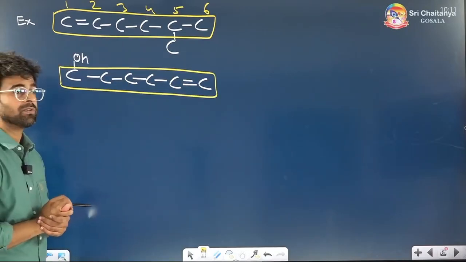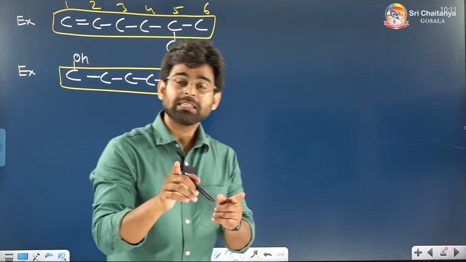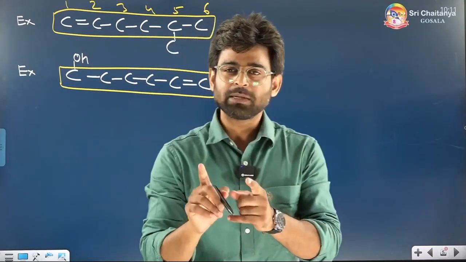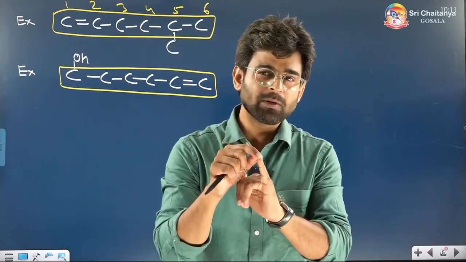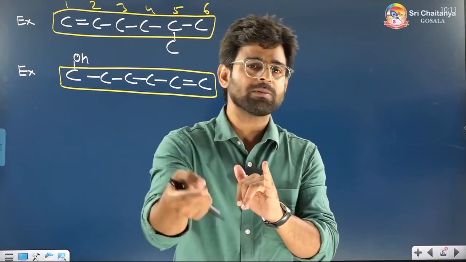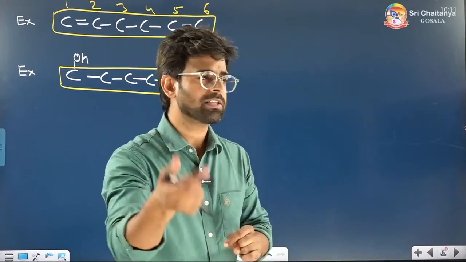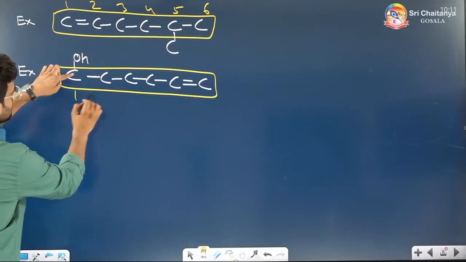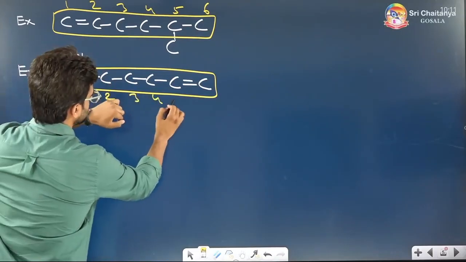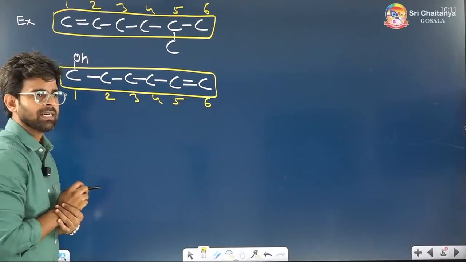Left. Very good. Why? What is more important? Is pi bond more important or function group more important? So I will start from here. 1, 2, 3, 4, 5, 6.